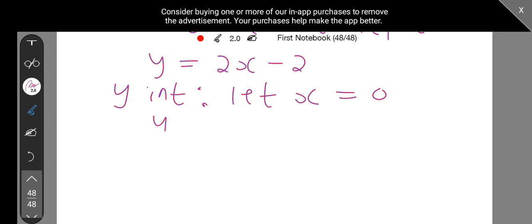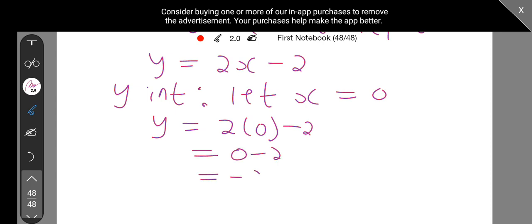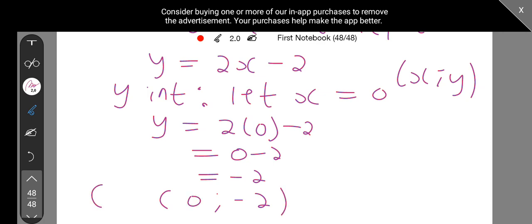Then y = 2 × 0 - 2, which gives 0 - 2, which is equal to -2. That is your y-intercept. To write the coordinates, it's negative 2 when x is 0. These are the coordinates. I hope you understand.